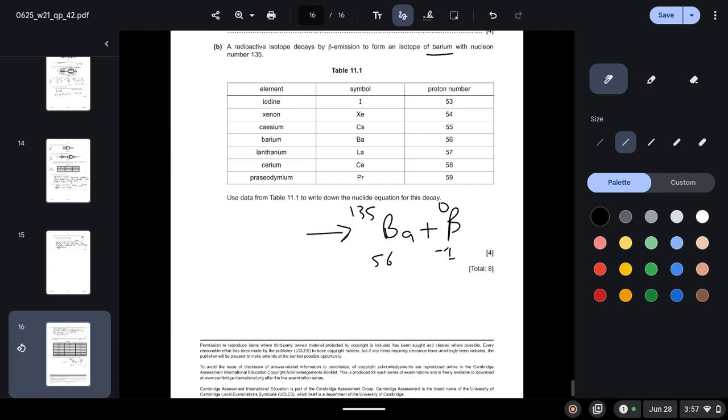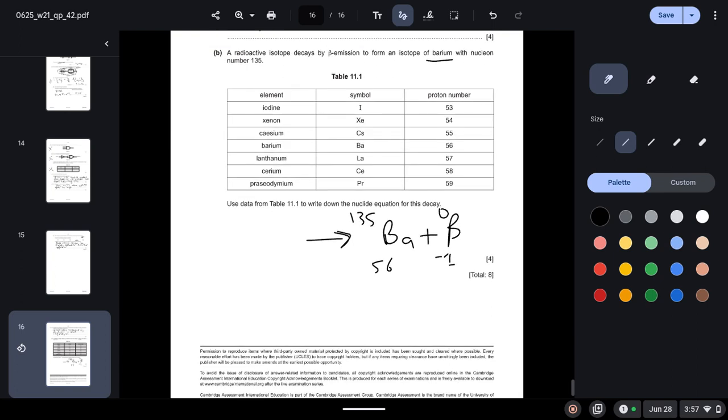So that means that on the left there must be a substance with 1 less proton number as compared to barium. That would be cesium. So this is the complete nuclear equation.